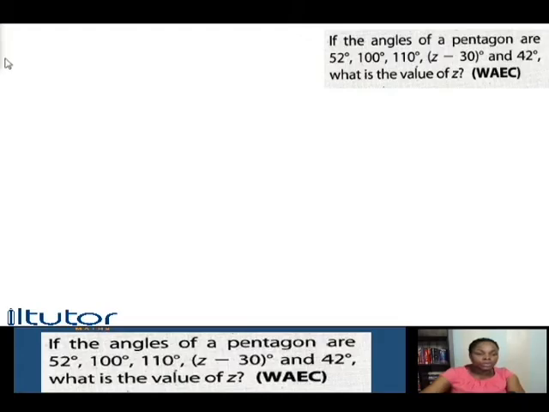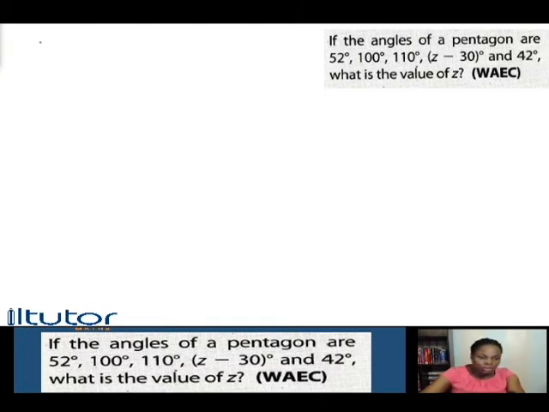So first you have to recall that a pentagon has 5 sides, and that's why you have 5 angles here: 1, 2, 3, 4, and 5. And these are the interior angles of this pentagon.